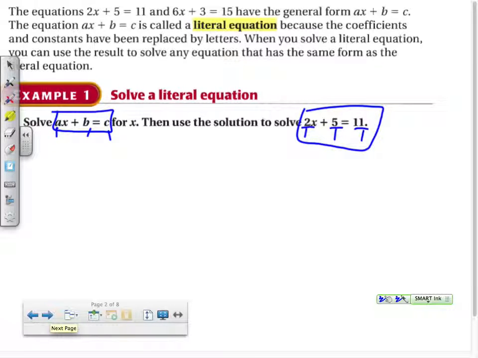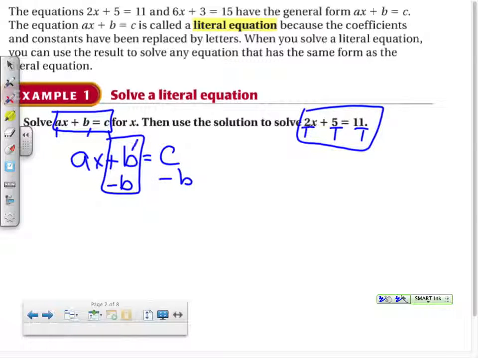Alright, so if I have ax plus b equals c and I want to solve it for x, I'm going to start by seeing what's done to x. a and b are replaced with numbers, so what would I do if a and b were a number? Well, first off, I would subtract the b. Here b and minus b cancel off.